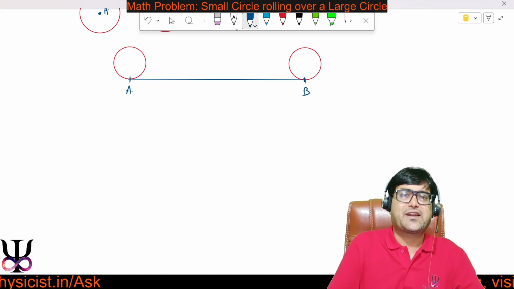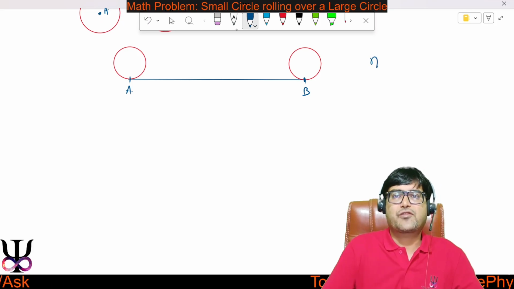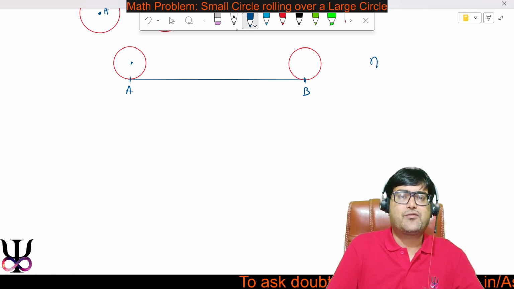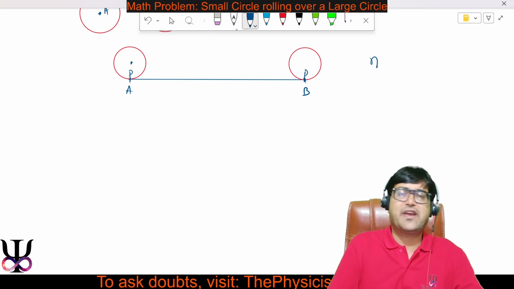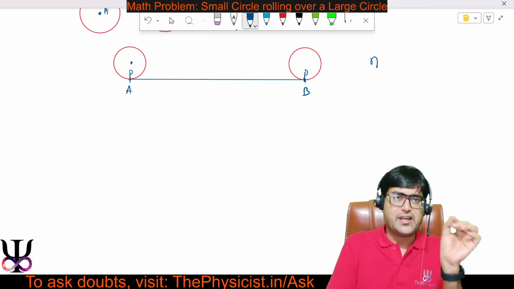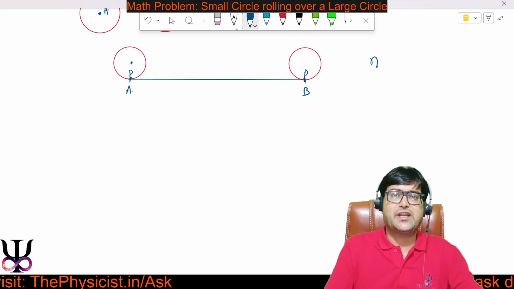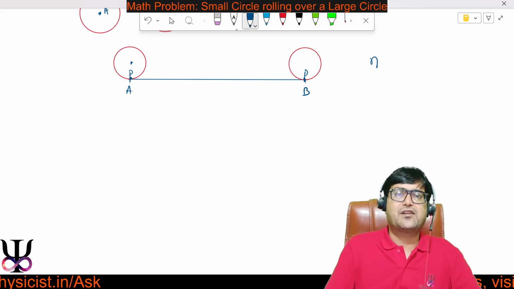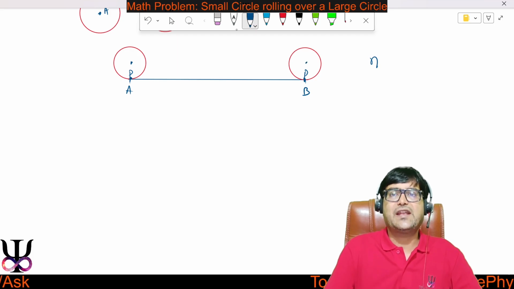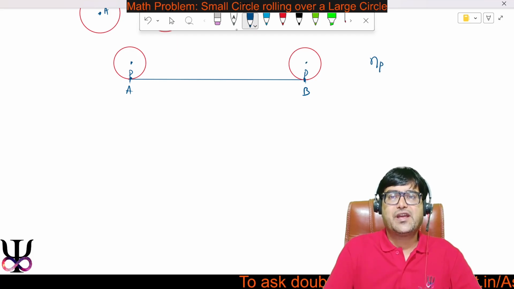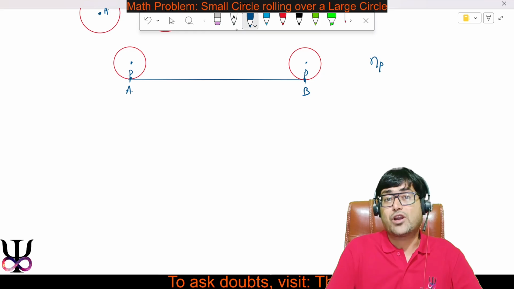If you can calculate, the number of revolutions of, imagine the point of contact is P and A and B are just fixed to the road or the straight line. The point P is the point of contact at the bottom of the circle initially and it will be at the end. Now understand, n of P relative to what?